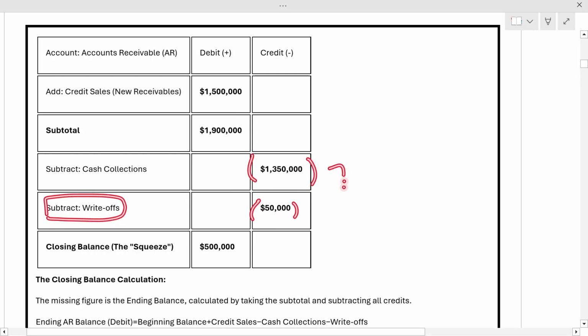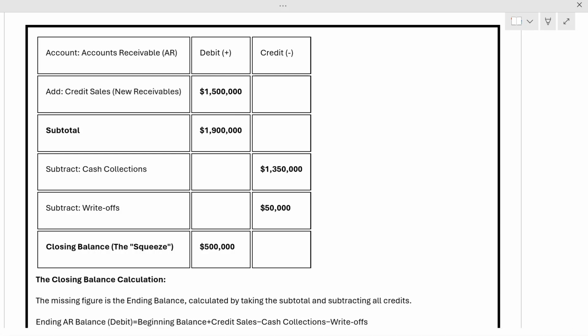So when we subtract both of these items from $1.9 million, let me just calculate, although the calculation is easy. It's $1.9 million, from that we reduce $1.35 million, and then we reduce $50,000, right?